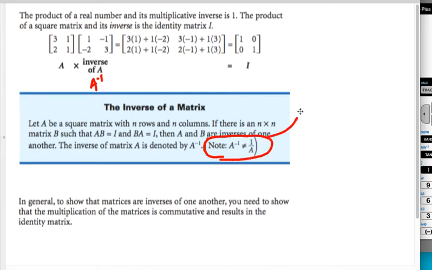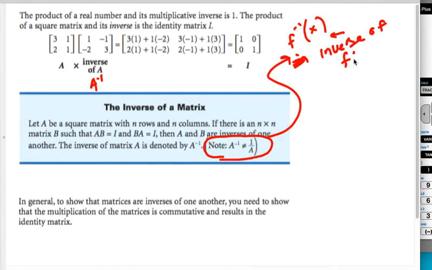Think back to when we talked about f inverse of x, in some earlier section. Regardless of what section we talked about it in, this means the inverse of the function f of x.